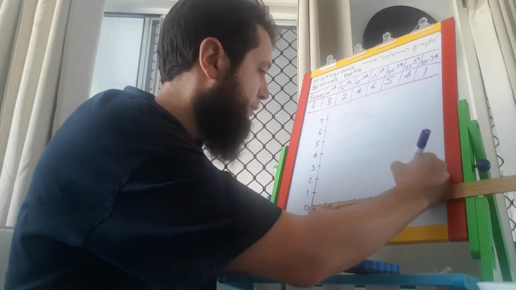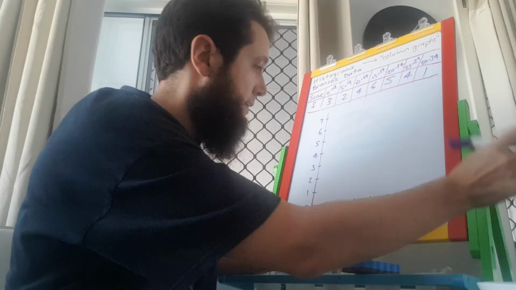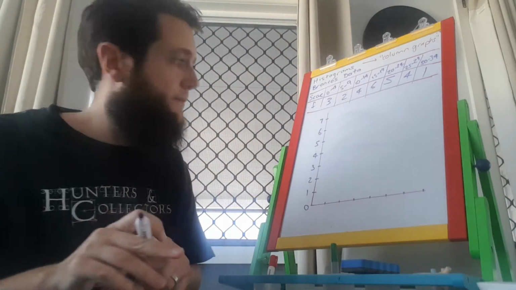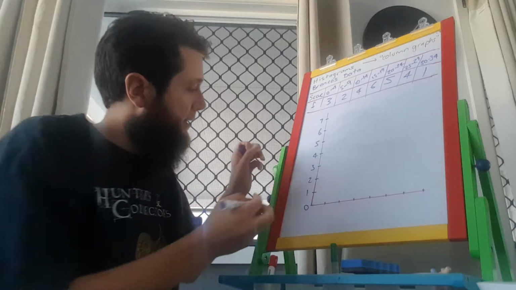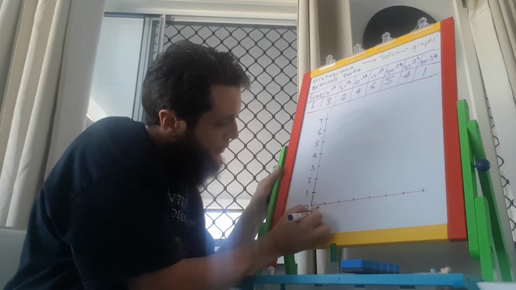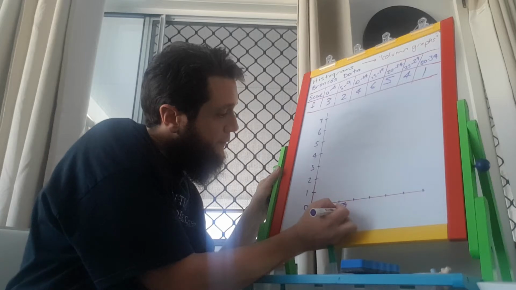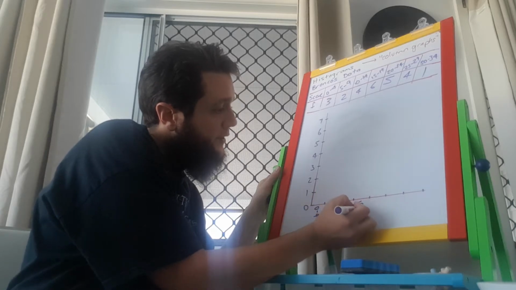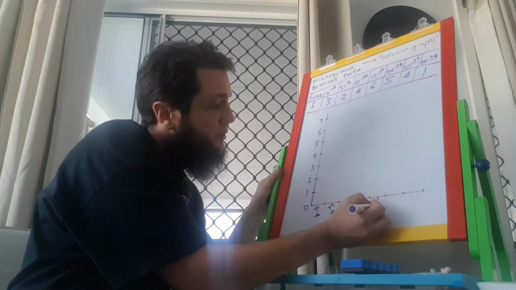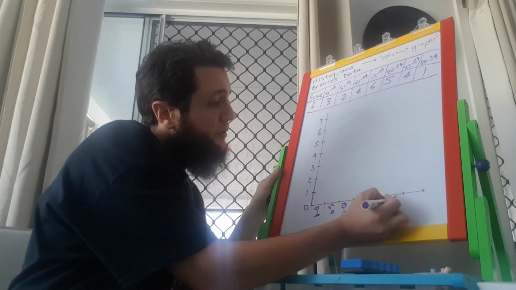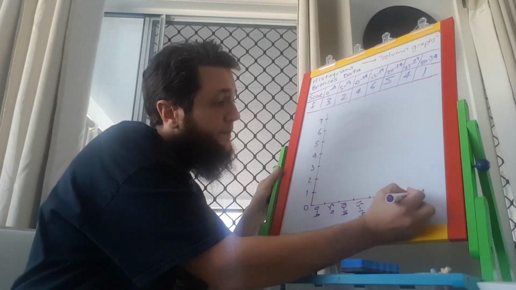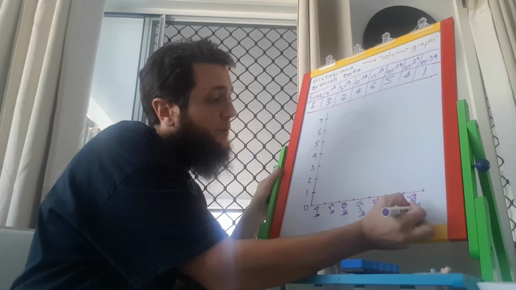I'm going to do markers every 4 centimetres on here because I need to take up the space. And then I'm going to put the title 0 to 4, 5 to 9, 10 to 14, 15 to 19, 20 to 24, 25 to 29, 30 to 34.